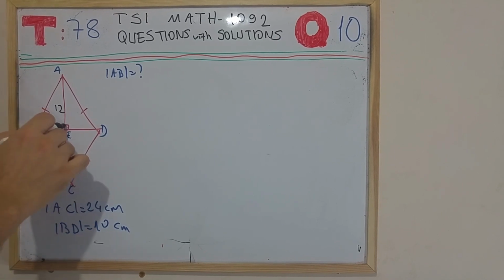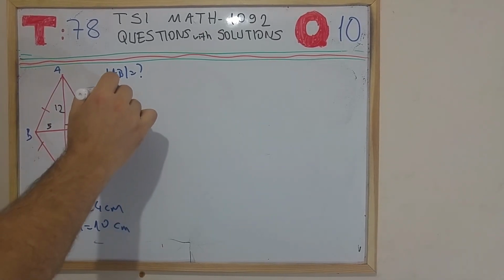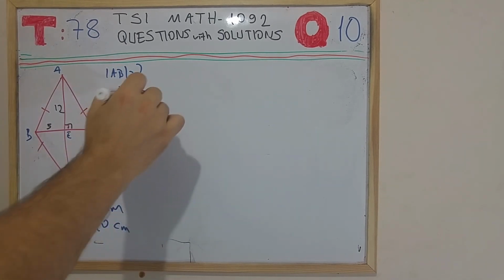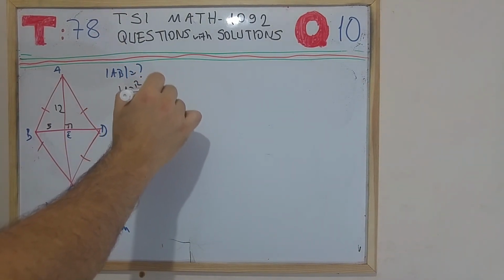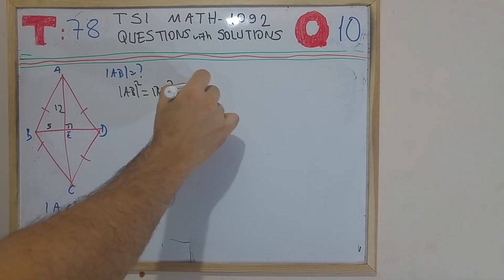Now we see that there is a right triangle here, so we can apply the Pythagorean theorem. So AB squared, which we are looking for, is equal to the square of BE plus the square of AE.